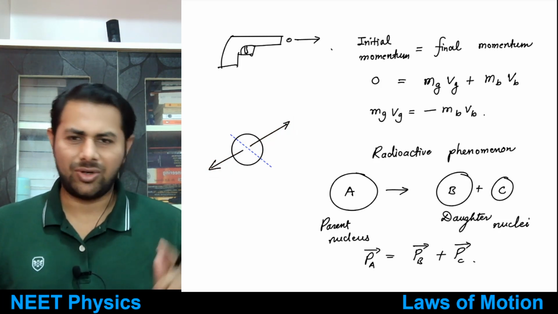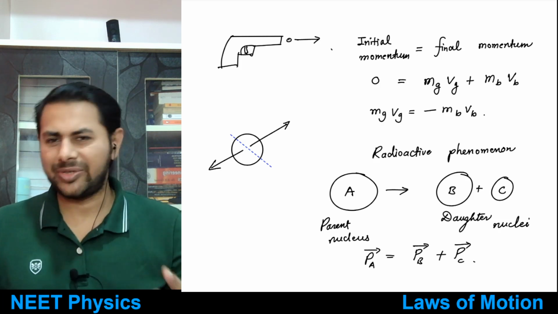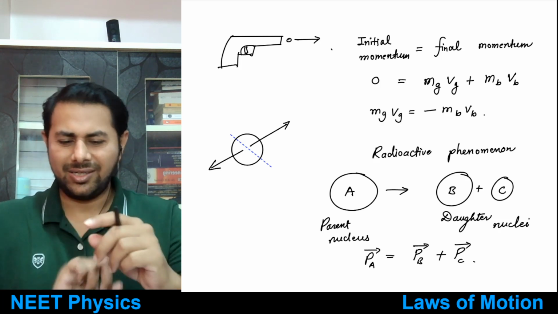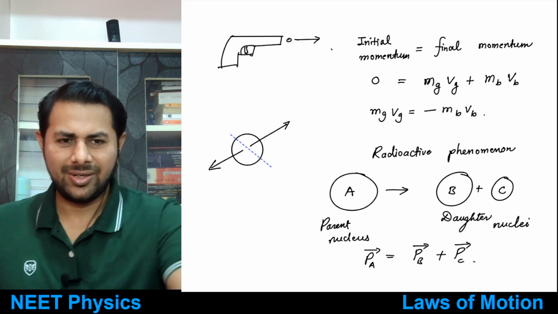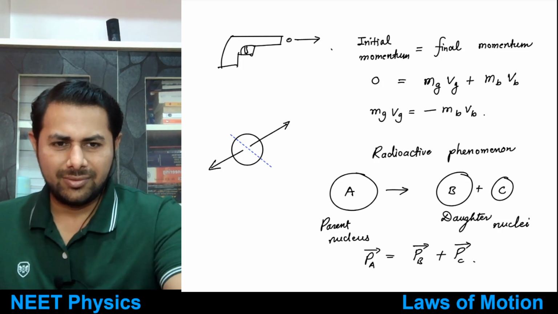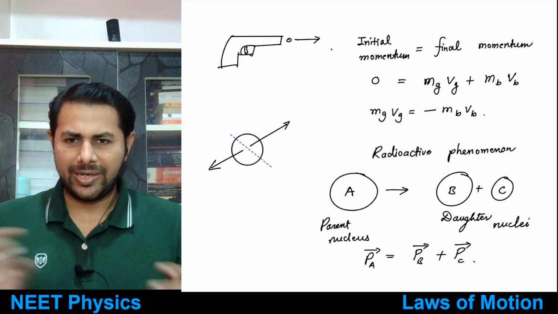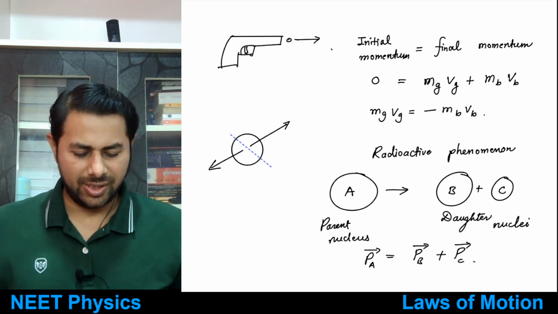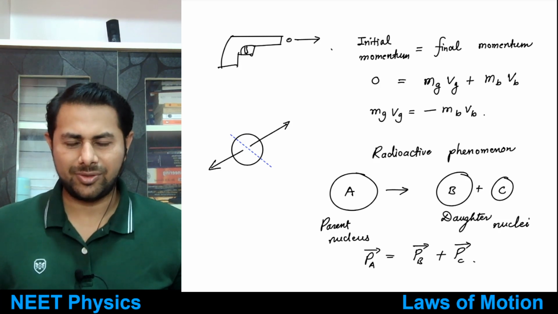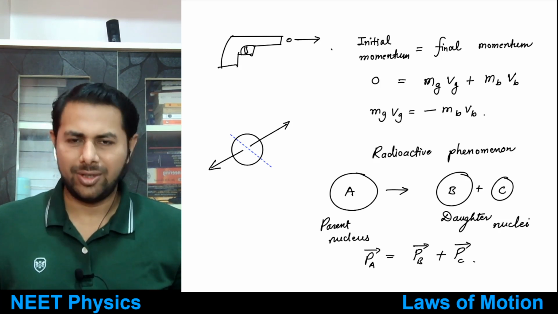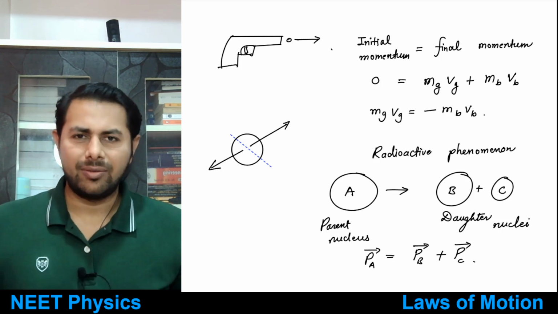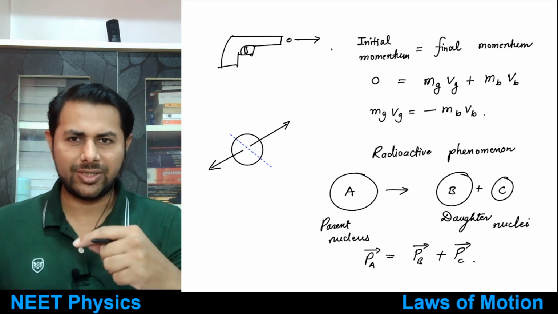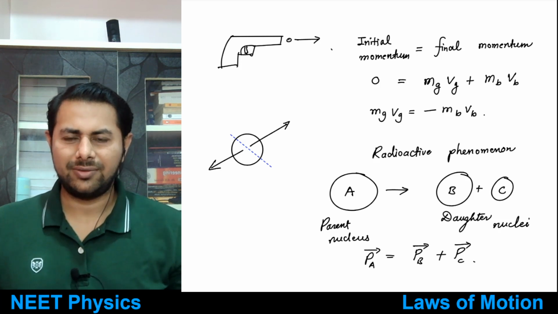Or suppose there is a rocket, a Diwali rocket, which is projected in air, and in air it breaks into several pieces. Let's say at the topmost position. Then what will happen? So what will be the total momentum? At the topmost position, total momentum is mass of the rocket multiplied by horizontal velocity, right?